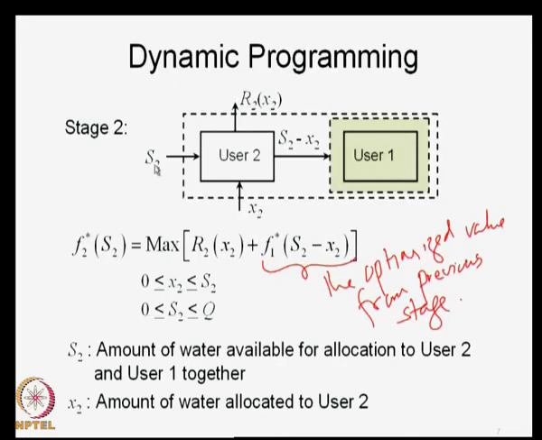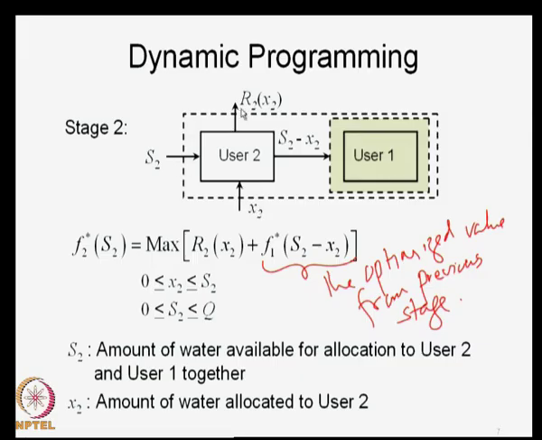I repeat again, given the state, which is the amount of water available at stage 2 to be allocated to both user number 1 and user number 2 together, we make a decision on x2, which is the amount of water allocated to user number 2.